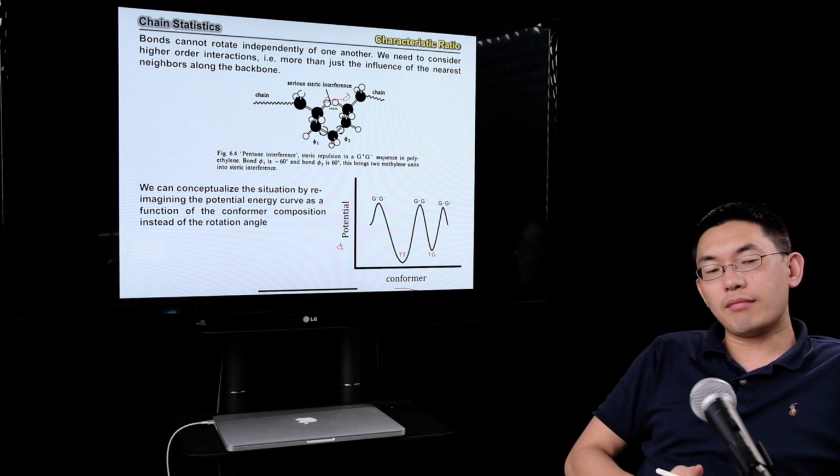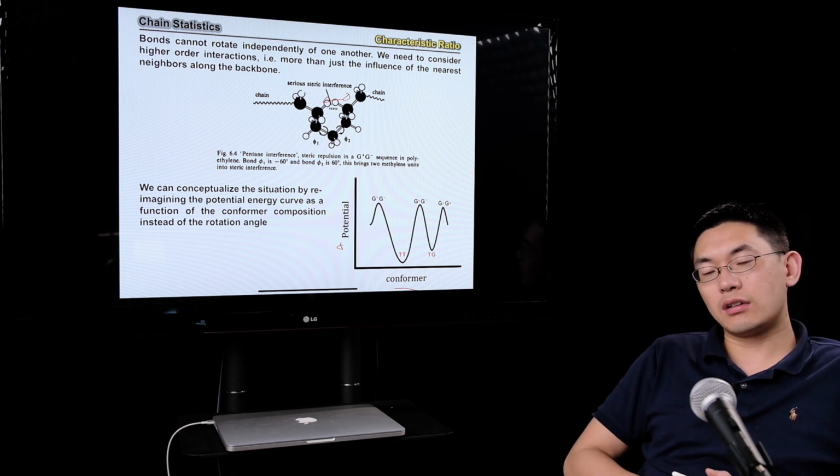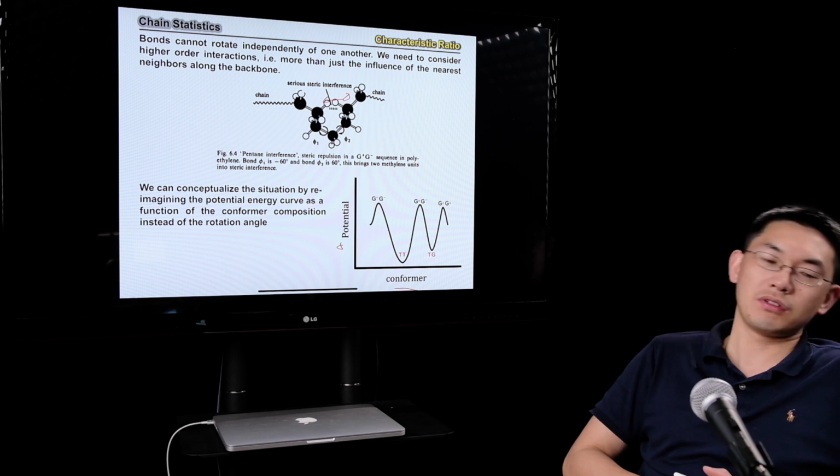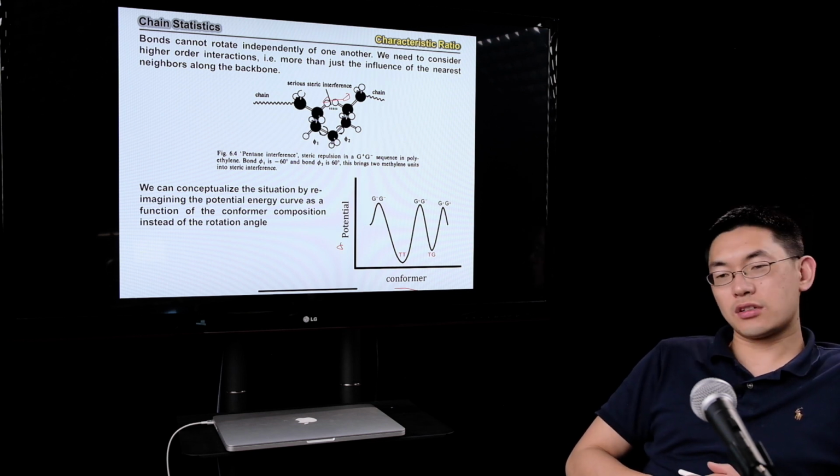In the real chain, something we haven't touched on is called the self-avoiding walk. A random walk says your next step will be random. A self-avoiding walk is a similar concept, except you cannot walk on a previous step, so you have to avoid yourself. So the self-avoiding walk is more realistic.